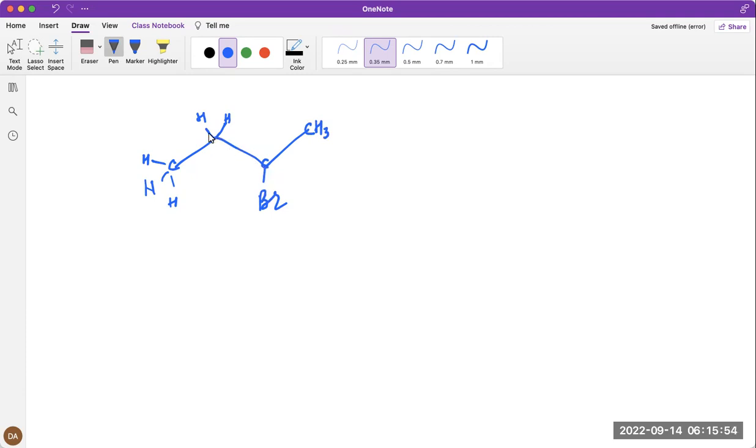So we got one neighbor on the left, one on the right, one in the bottom, and the one which is not shown here is of course the hydrogen. We got 4 different neighbors, which will make this carbon a chiral carbon. So guys, this carbon here is the chiral carbon. All right, I hope that is making sense.